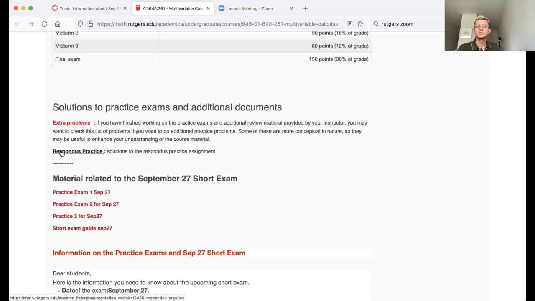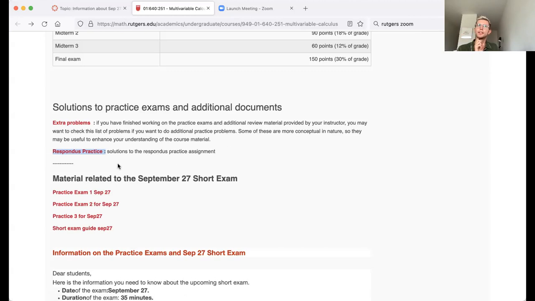I do recommend that you try this sometime within the next couple of days. Once you go to the MyLab assignment, I think it will tell you what you need to download. If that's not working, let me know.